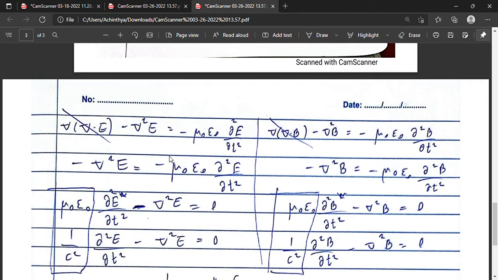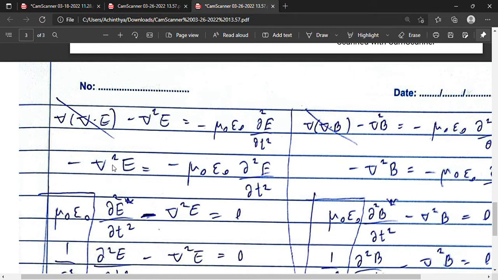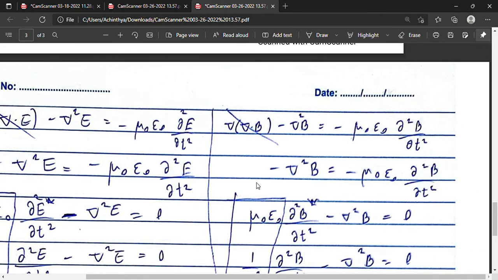Now we have two expressions in which minus the vector Laplacian of the electric field is equivalent to the negative value of mu naught epsilon naught as a product of the second derivative of the electric field with respect to time, and we have this analogous equation for the magnetic field.